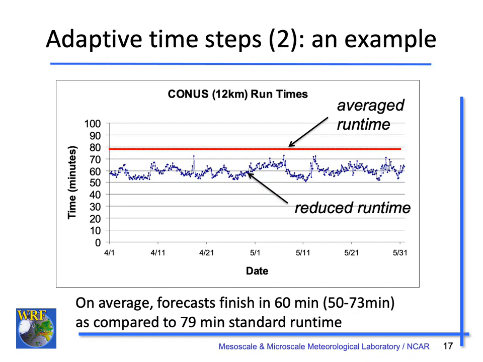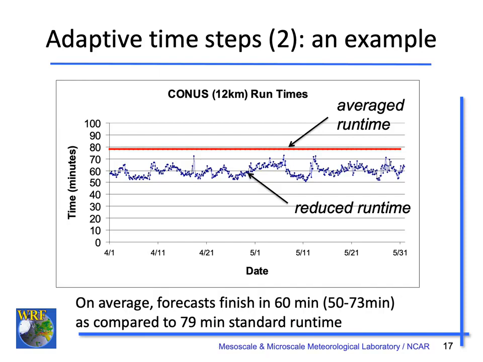The advantage of using adaptive time stepping is illustrated on this plot, which shows the wall clock time taken to run a configuration of the model twice a day using a fixed time step versus adaptive time steps during a 2-month period. The red line shows the wall clock time taken by this model configuration when using a fixed time step, and that time is about 79 minutes per run.